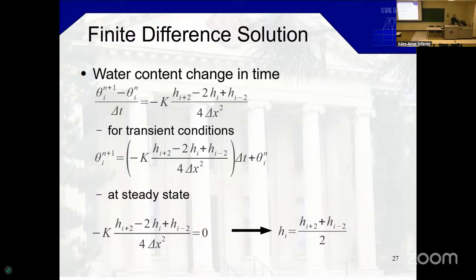Okay. And from that, we can say that we have this. Right? At steady state, we could assume that we have the equivalence between points. Okay.